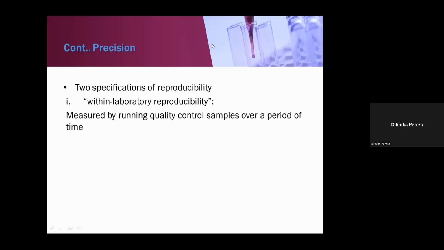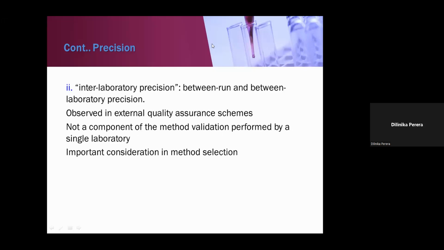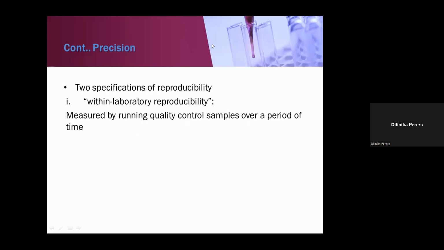In reproducibility, we can divide into within-laboratory reproducibility and interlaboratory precision. Within-laboratory reproducibility is measured by running quality control samples over a period of time.